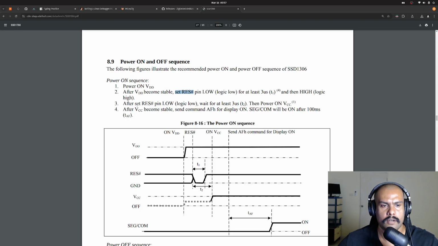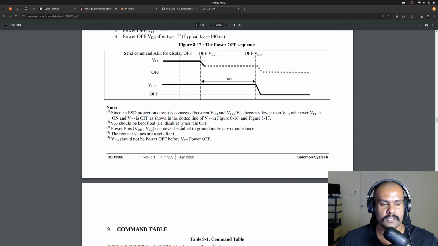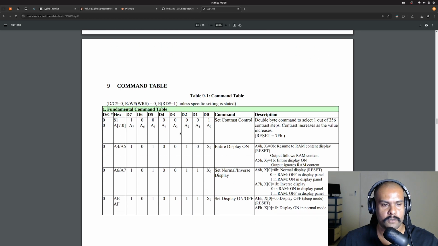Wait for at least 3 microseconds, then power on VCC. This doesn't seem very important either. I'm just gonna keep going. Oh, the command table.